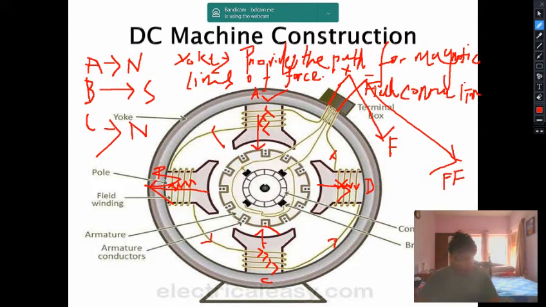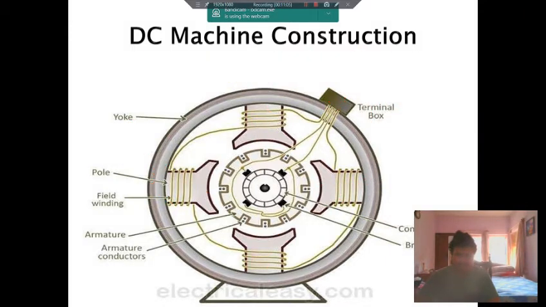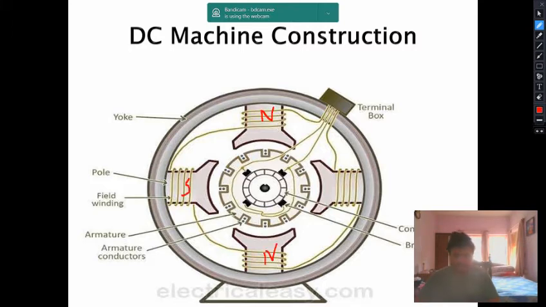And finally, pole D is South Pole. So I will clear this up. The orientation is something like this: this is north, this is south, this is north, and again this is south.